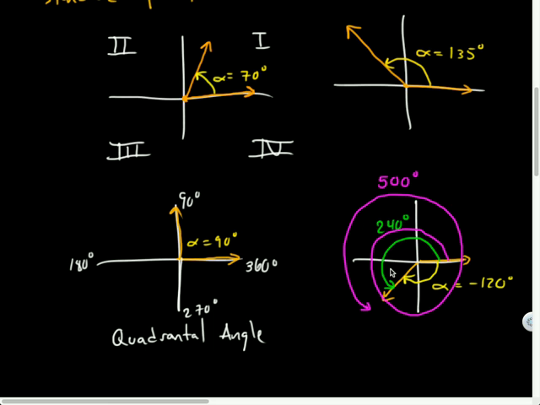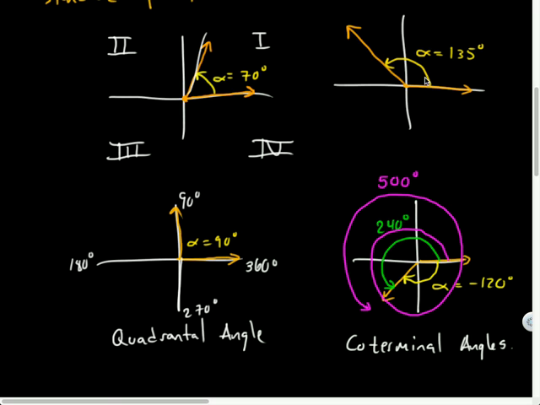So, now all of these angles are called coterminal angles. Angles whose terminal sides are the same. The terminal side of the angle is the one that's not in the initial starting position.